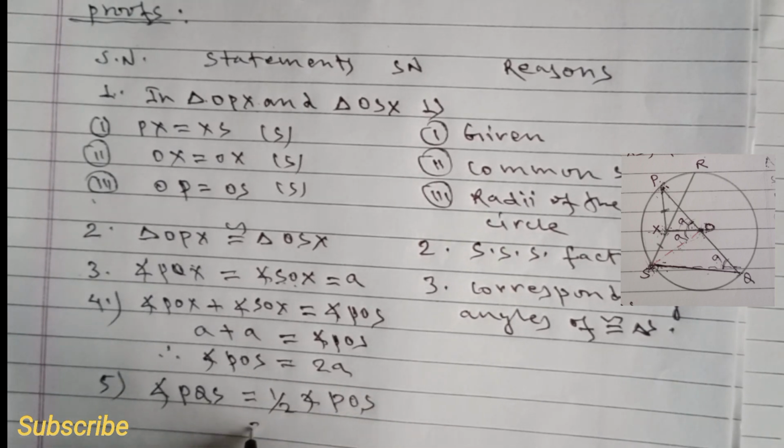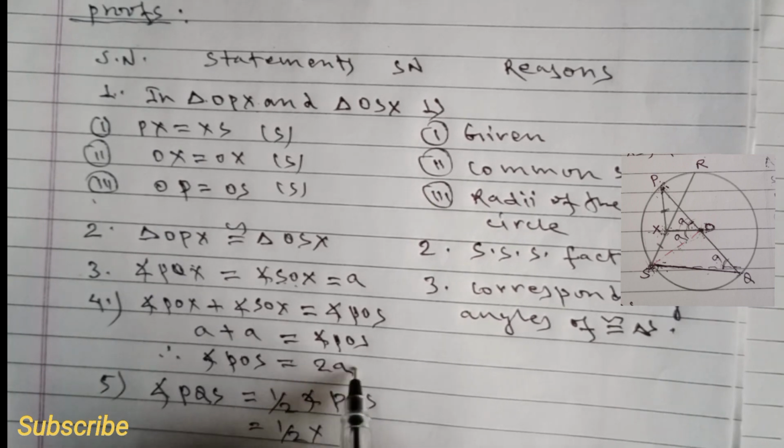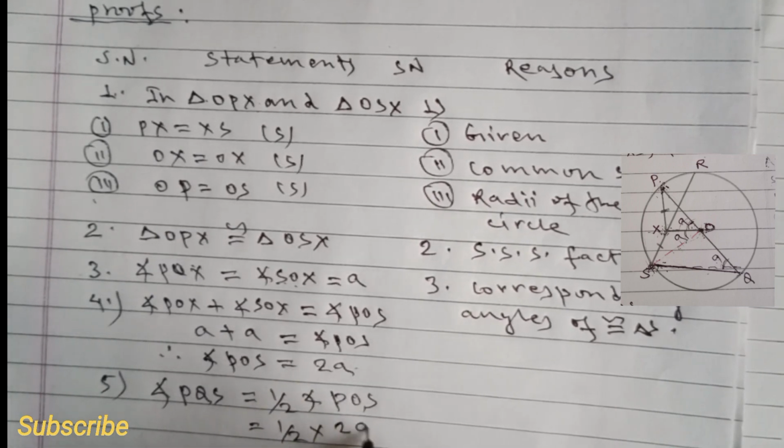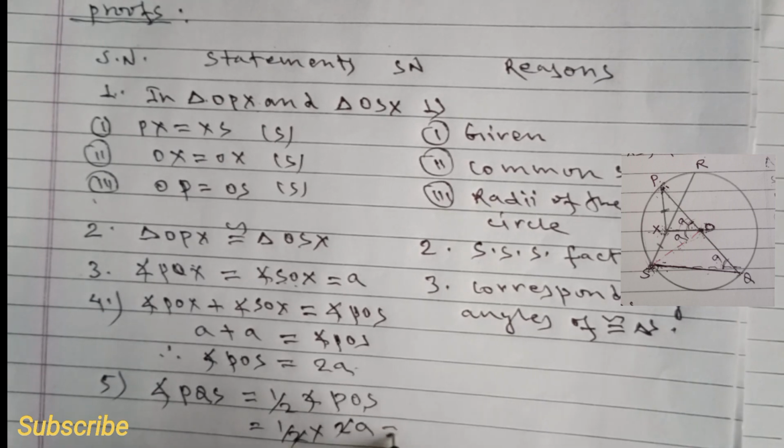That means one half of 2A. So 2 we can cancel, equals to A.